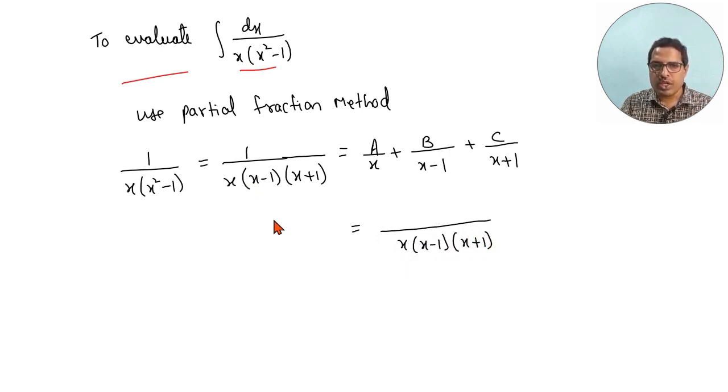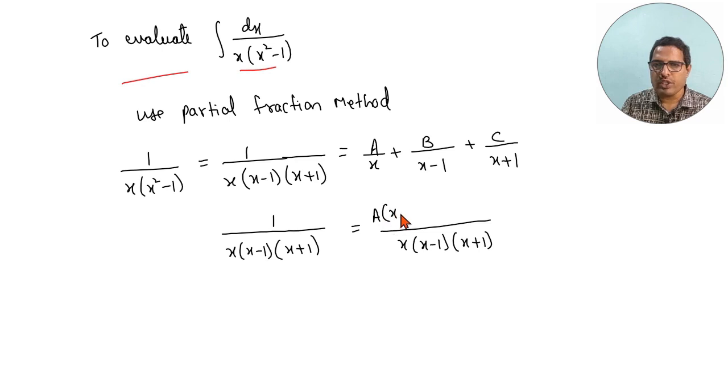On the left hand side, this value will remain the same, x into (x minus 1) into (x plus 1). Now how to write this value? So a as it is. Check the denominator of a as well as the whole LCM. You can see you have x over here, so eliminate this x and write down the remaining terms.